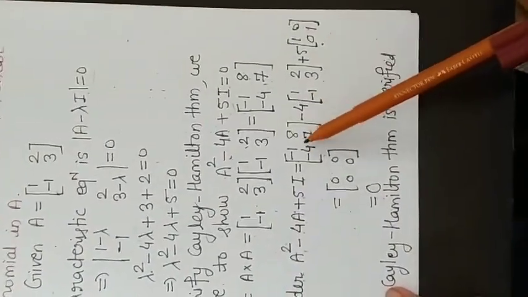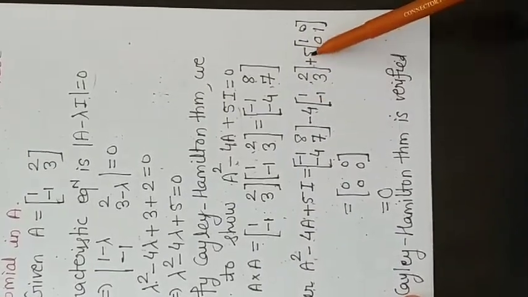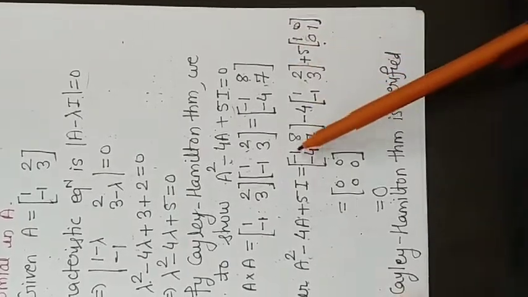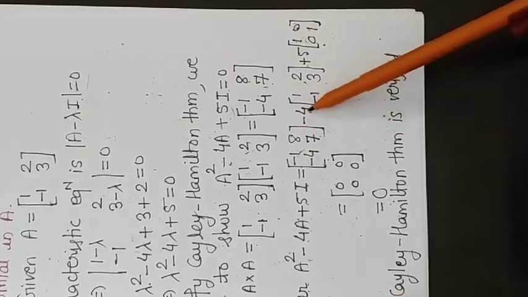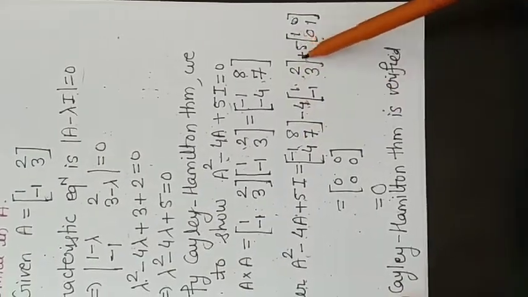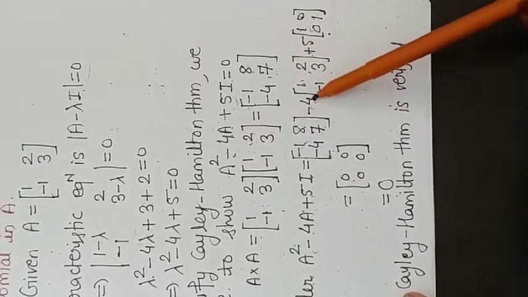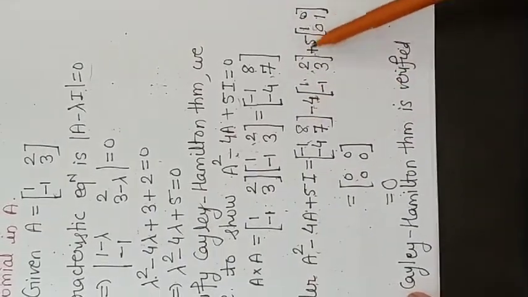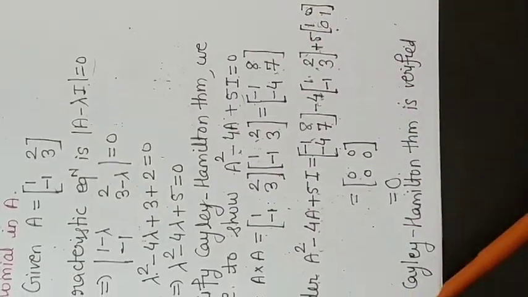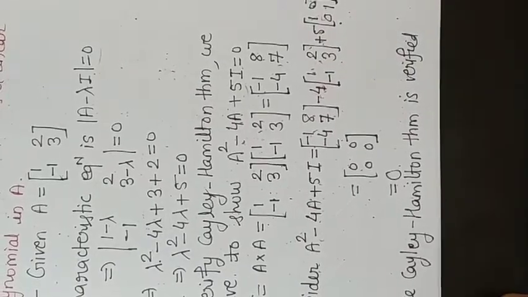Substituting A square, then matrix A minus 4 times, plus 5 times I, which is [1, 0; 0, 1]. Simplify. So minus 1, minus 4 on multiplication, minus 5 plus 5, 0. Then 8 minus 4 into 2, 8 minus 8, 0, plus 5 times 0, 0. So like this we get 0. Hence the Cayley-Hamilton theorem is verified. So the first part is over.